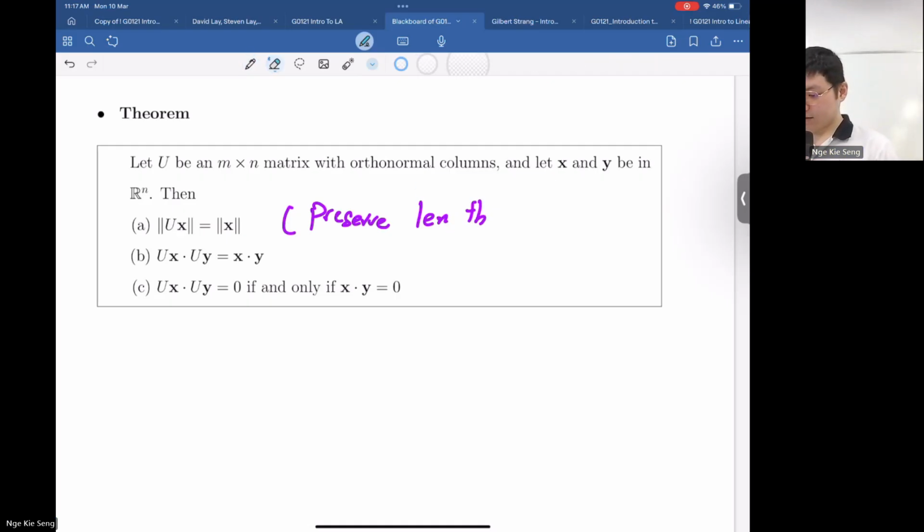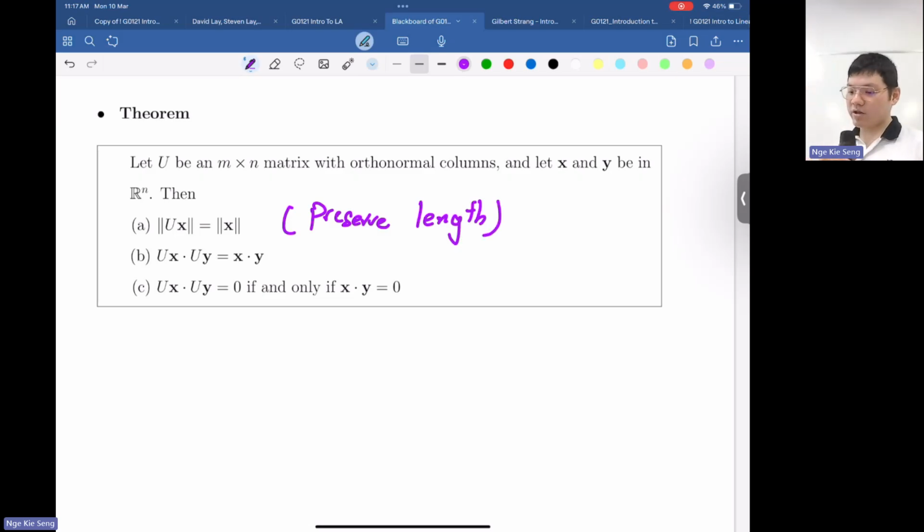If your matrix has orthogonal columns and the columns' length is 1, you won't change the length of your vector. Second, Ux dot Uy equals x dot y.